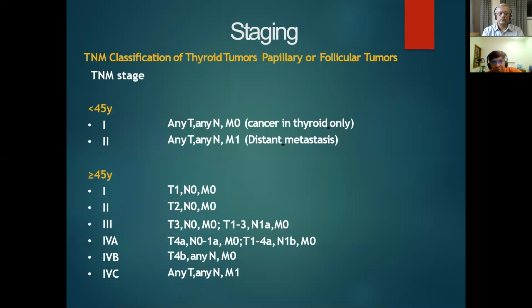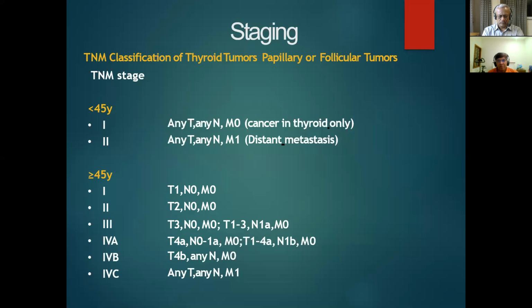Yes, sir. So in less than 45 years of age, the TNM stage 1 is any T, as I explained there, and any N or M0, that is cancer in thyroid only. Stage 2 is any T, any N, M1 and distant metastasis. And above 45 years of age, we have different staging.